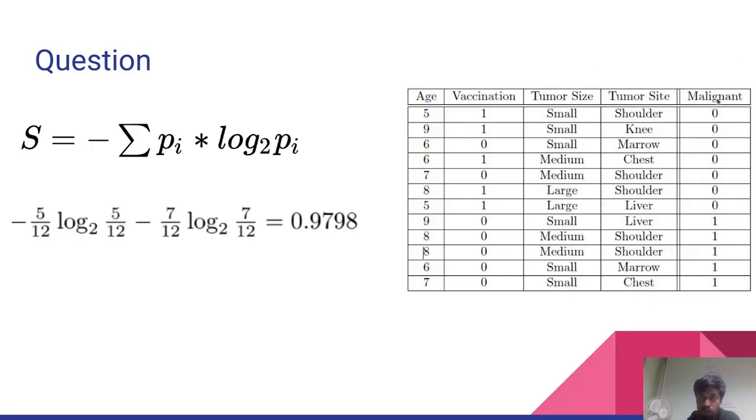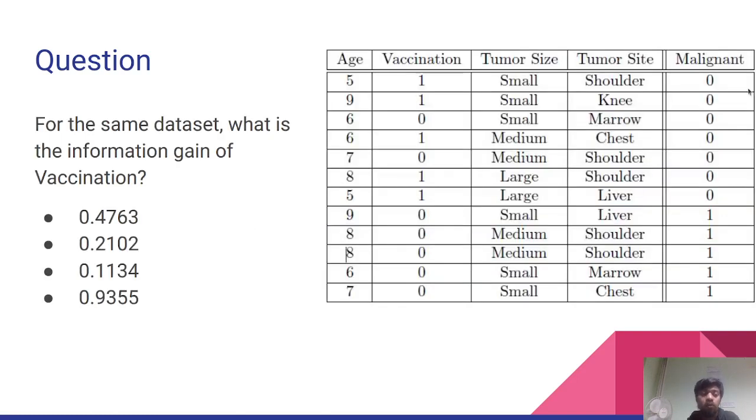In this case, whatever we have done is that we have calculated with respect to the output only, the reference, I mean the label, right? The next question is how to find information gain. Suppose we have this column vaccination, and then we have this label.